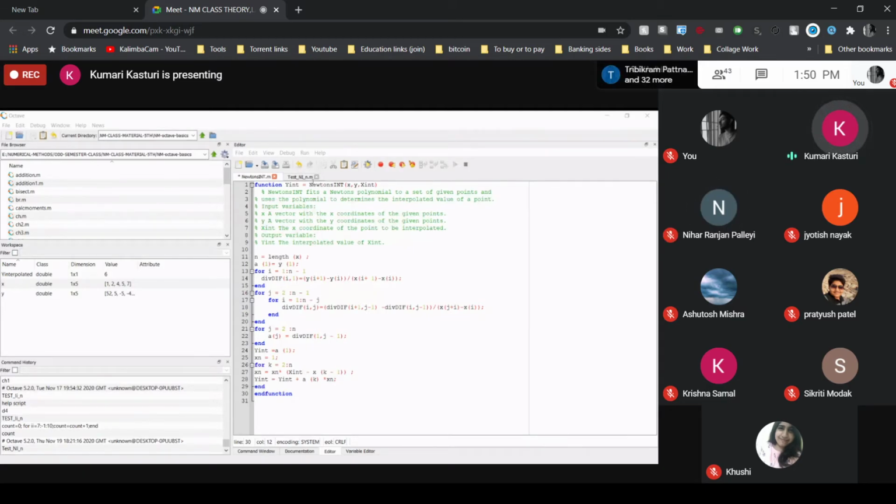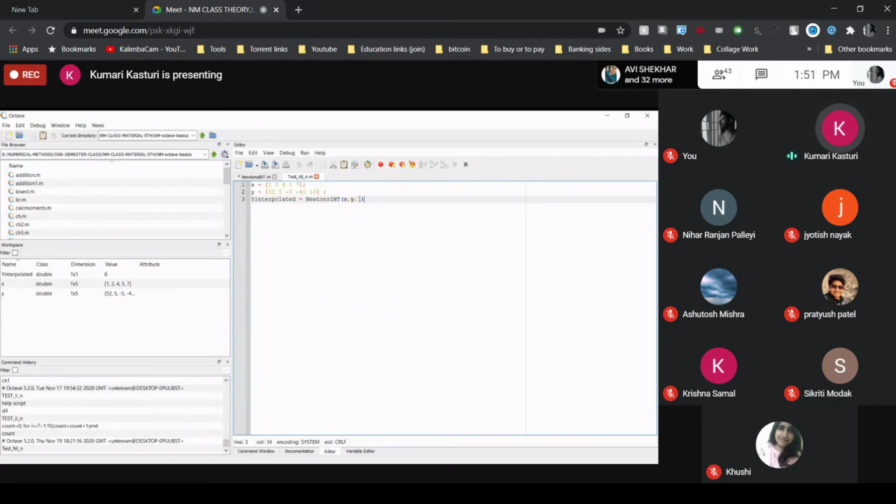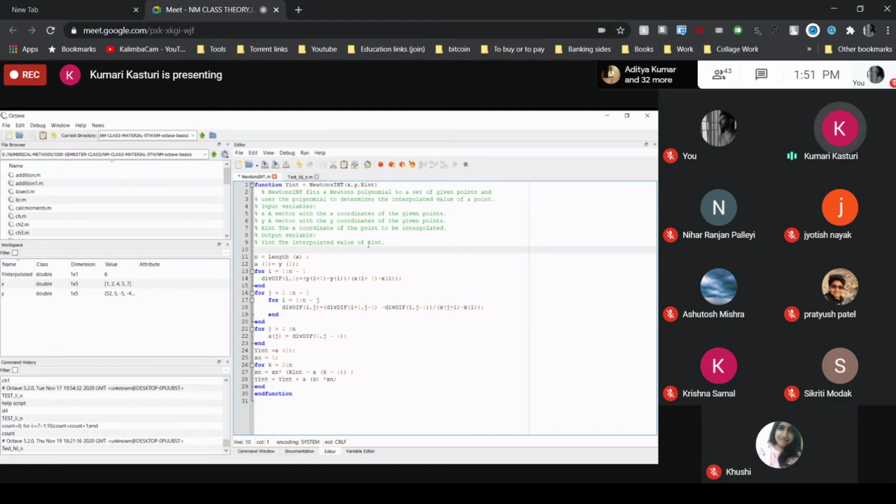Yes, so you have to change the function name. Then the same procedure. In the Lagrange, as I have told you, you took the interpolated value 3. But whatever procedure is in the previous question, you have to carry out that one.